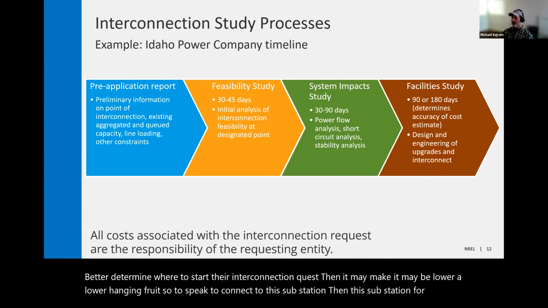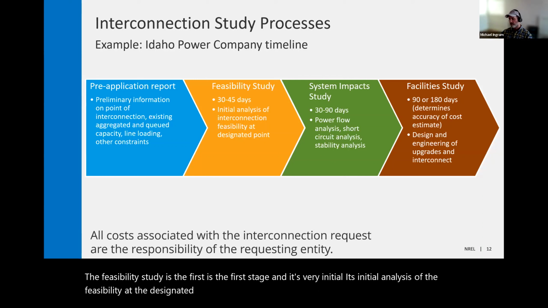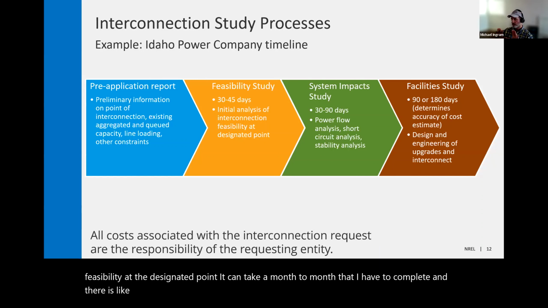The feasibility study is the first stage, and it's very initial. It's an initial analysis of the feasibility at the designated point. It can take a month and a half to complete, and there is, like I said, a cost associated with that.